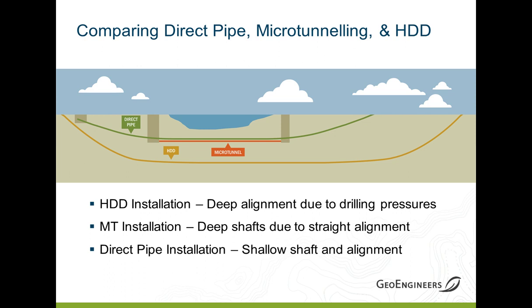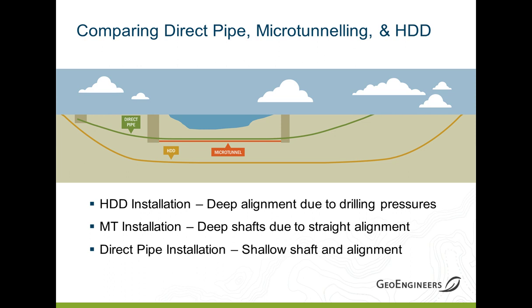So let's look at how direct pipe compares to other technologies, and I promise this will be the last cartoon for a while. But the direct pipe is the green line, starting closer to the ground surface, but working our way up from the bottom of the page. HDD, represented by the gold profile, typically has to be deeper and longer than a minimum length direct pipe.